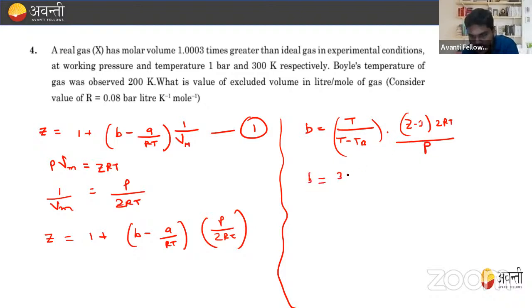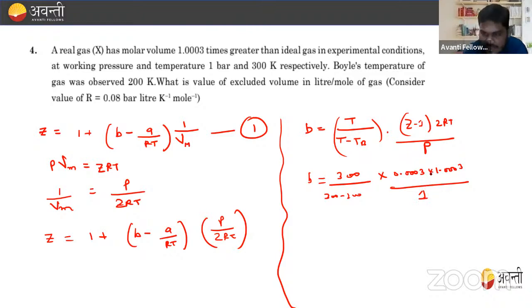So just put the values: 300 upon 300 minus 200, into 0.003 upon 1.003, into 0.08 into 300, right?